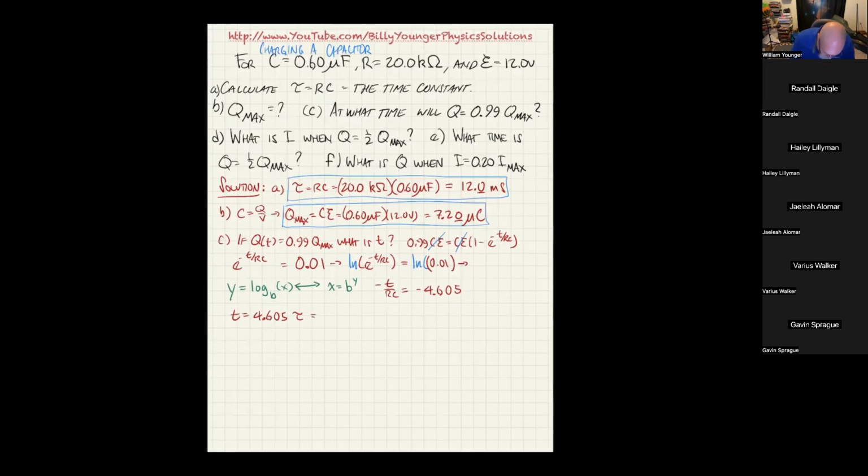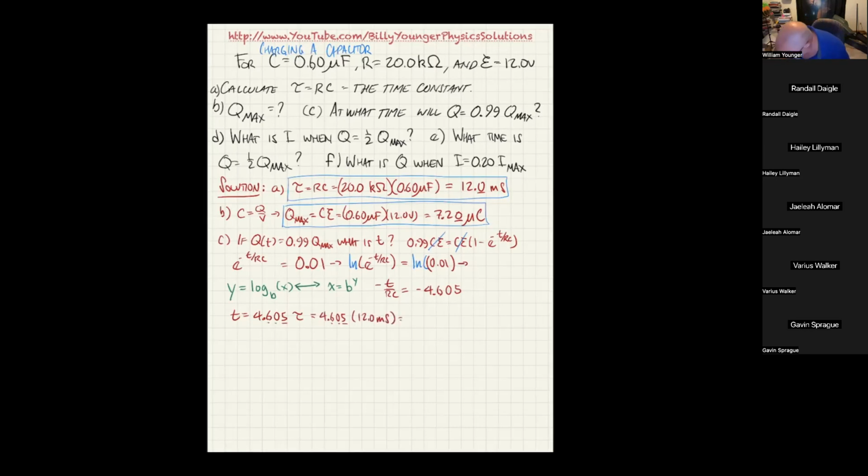So that's going to be 4.605. And technically speaking, you really only have 1 sig fig to work with, so all of these are non-sig figs, which really stinks. And then we're going to multiply that by tau, which is 12.0 milliseconds.